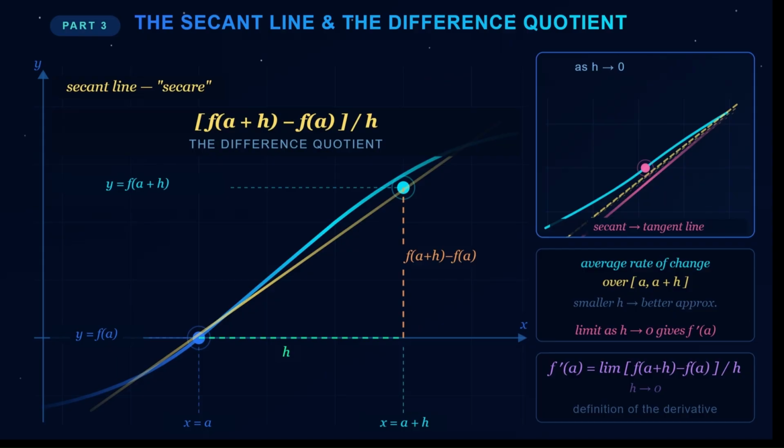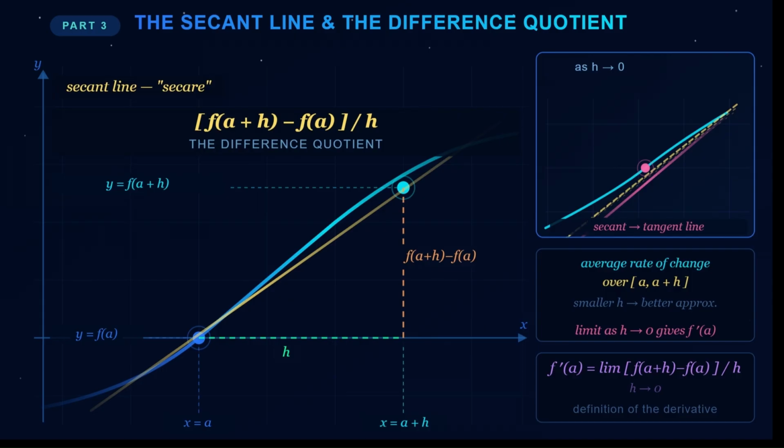Here is the key geometric idea. Suppose we have a curve defined by the function f of x, and we want to find the slope at a specific point, say where x equals a. We cannot do this directly, but we can approximate it. Pick a second point nearby on the curve, at x equals a plus h, where h is some small non-zero number. Connect these 2 points with a straight line.